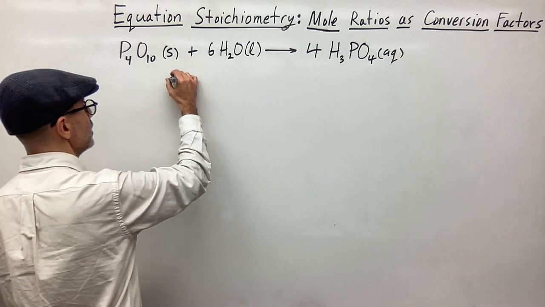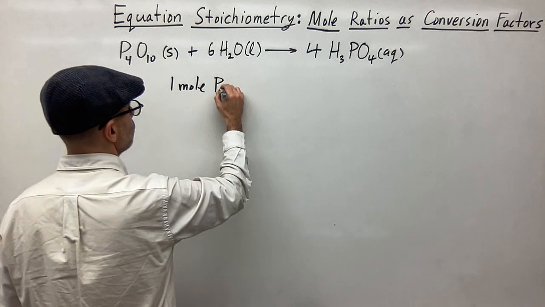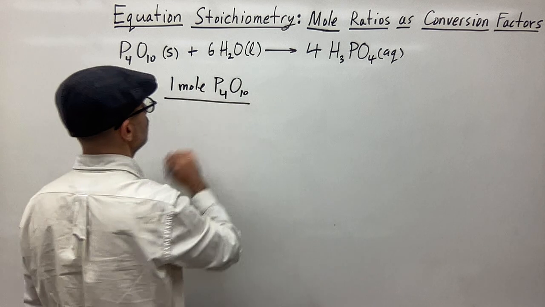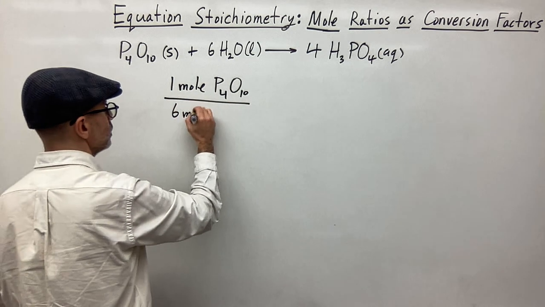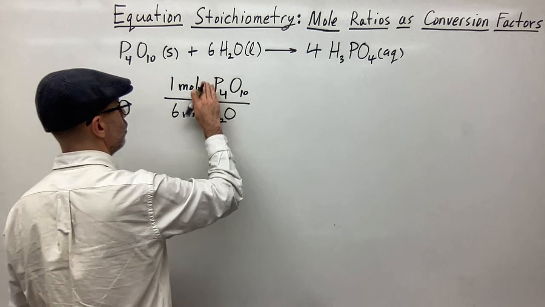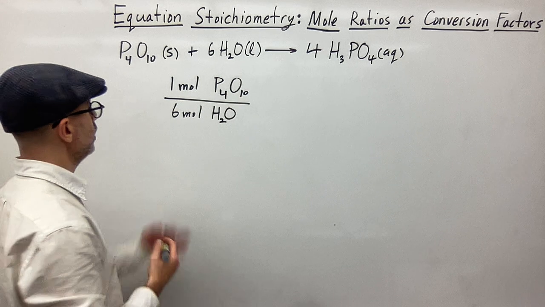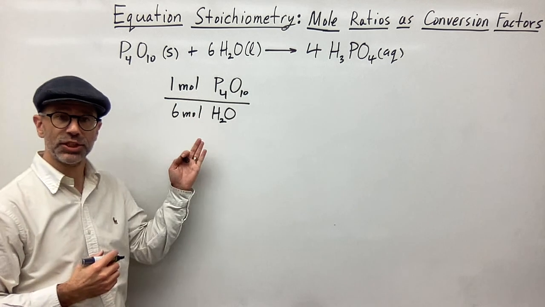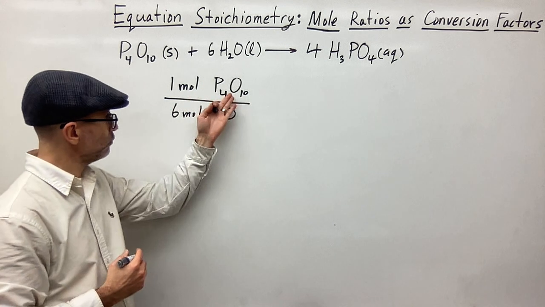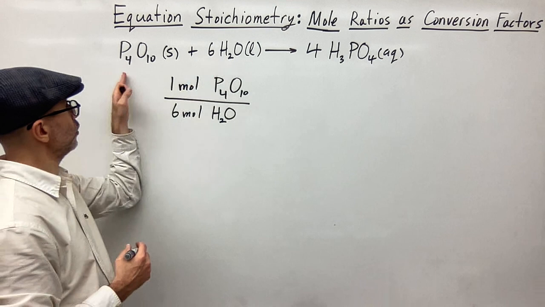So I can write that as 1 mole of P4O10 over 6 moles of water, H2O. Let's use the abbreviated form of moles. So there is a mole ratio of moles of P4O10 to H2O, and it came directly from the coefficients.